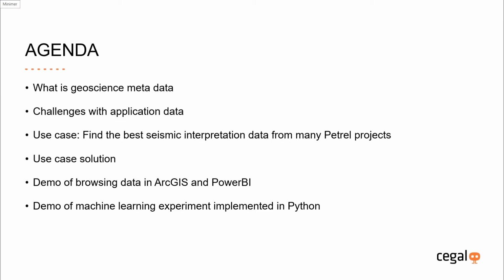We'll go through a possible solution for doing that, and then we'll go through some demos of browsing the data in ArcGIS and Power BI, and then we'll have a deep dive into using Python for doing the machine learning.